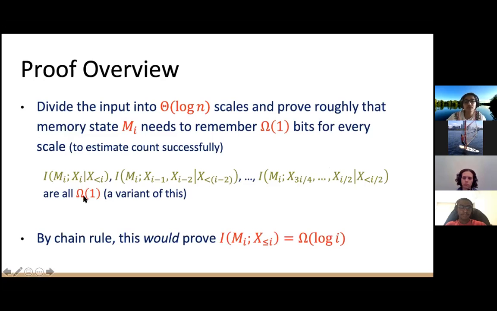And then by chain rule, if you are able to prove such a statement, this would prove that the mutual information between m_i and x less than or equal to i is omega log i.